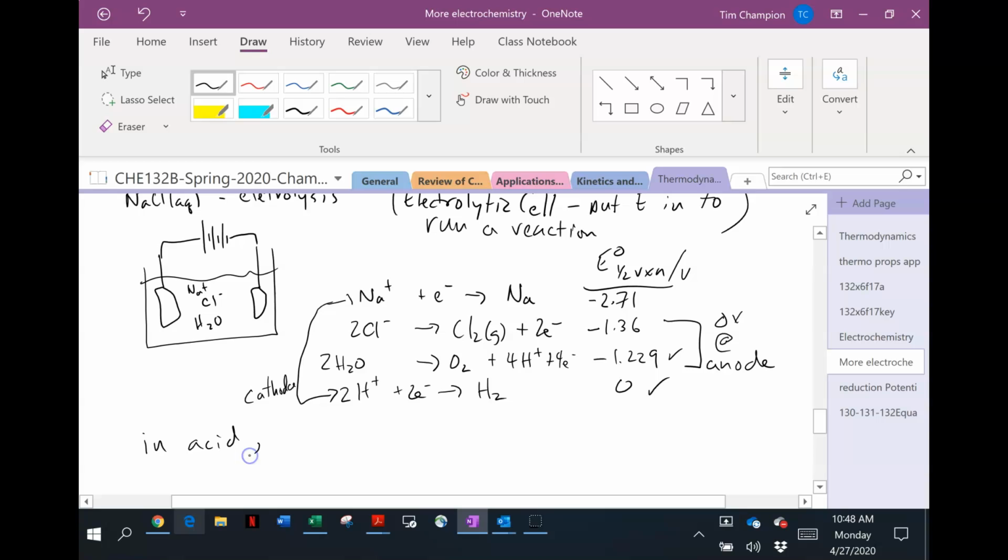So in acid, salt water is not going to actually itself react. What we're going to have is just the hydrolysis of water to give us, let's see, we're going to have to do this one twice.